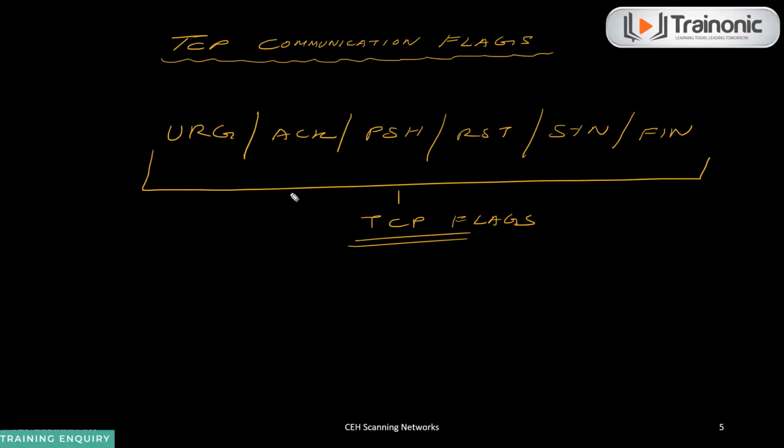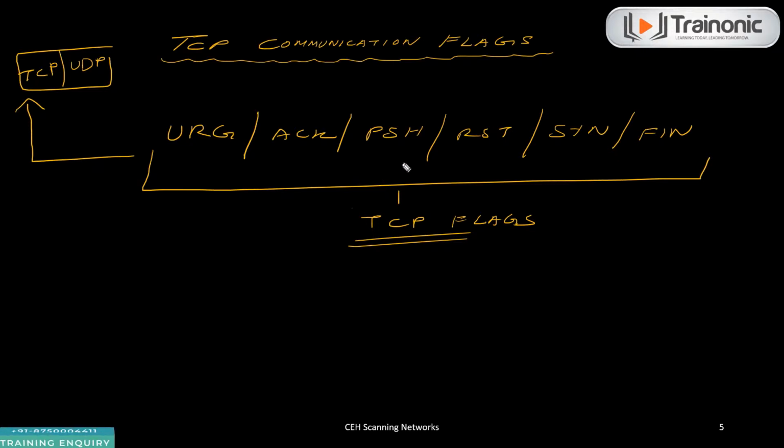Within the transport layer, you have got TCP and UDP running on it. And what we are talking about is in the TCP header. The TCP header includes this range of TCP flags. So the following are the TCP communication flags.